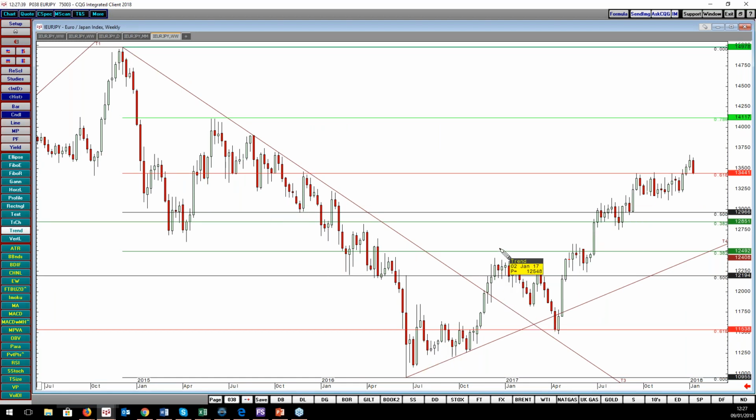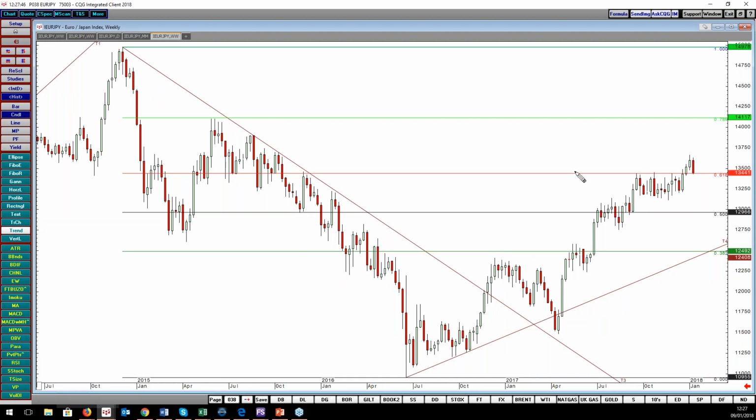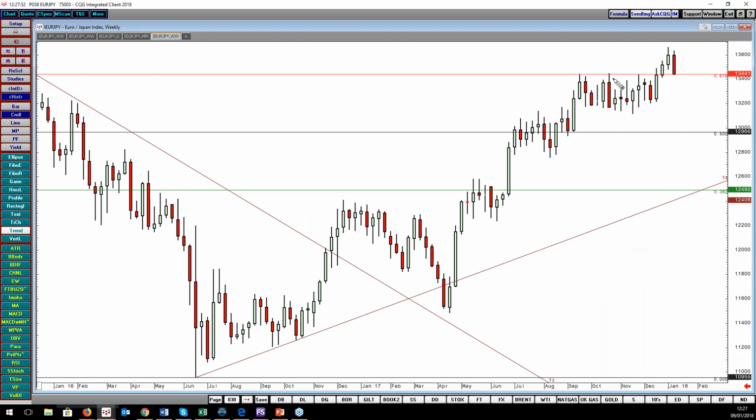We got to the 38 here and fiddled around for a while, but then we got through the 38.2. Let's just get rid of that one because that's confusing things. And then we got to the 61.8 last September, and we fell over. And then we got there in October and we fell over. And we got there again in November and we fell over.